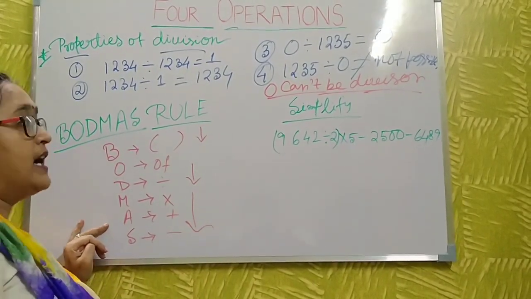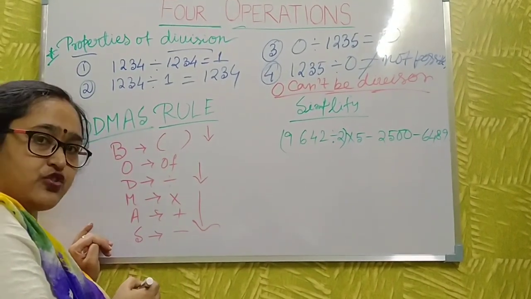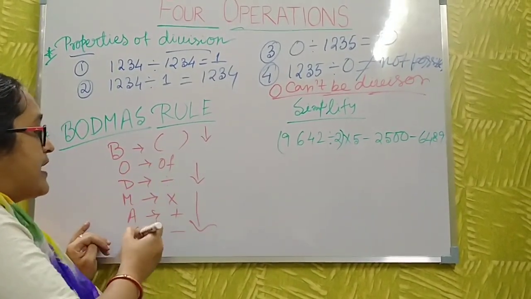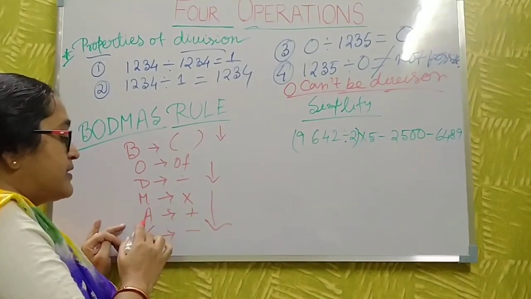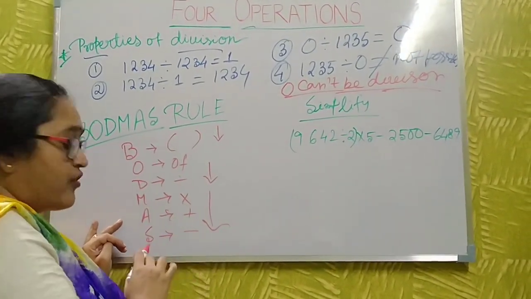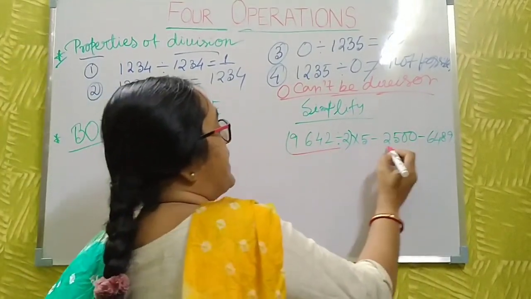When you simplify, you do it like this. Understood? BODMAS: B for bracket, O for of, D for division, M for multiplication, A for addition, S for subtraction. Now I give an example.